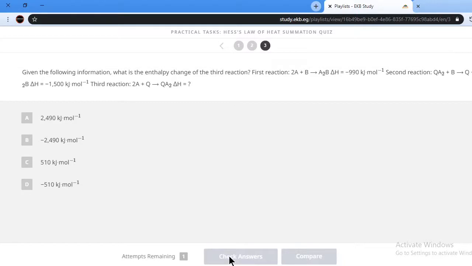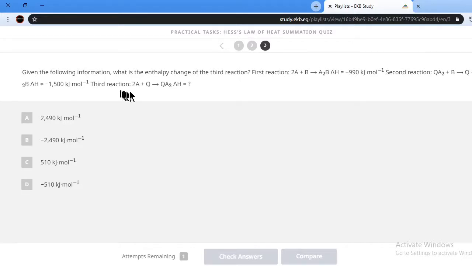Given the following information, what is the enthalpy change of the third reaction? First reaction: 2A plus B gives A2B, delta H equals minus 990 kJ per mole. Second reaction: QA2 plus B gives Q plus A2B, delta H equals minus 1500 kJ per mole.